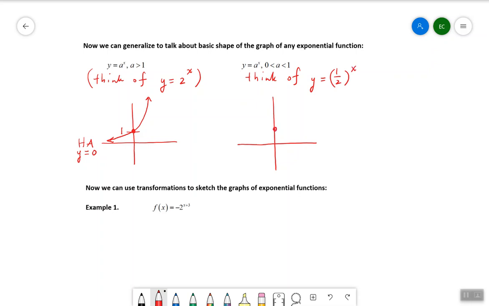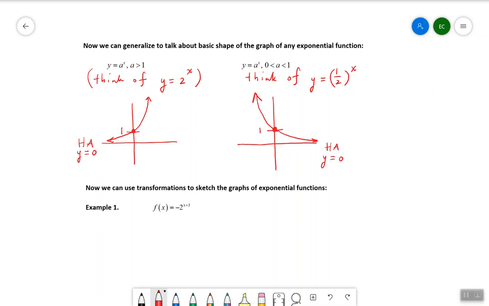And it doesn't matter if the base is actually 1/2 or 1/4 or 5/9 or whatever fraction or decimal you'd like to think of between 0 and 1. The basic shape of the graph is the same. It's this right here, with a y-intercept at 1 and a horizontal asymptote at y equals 0.